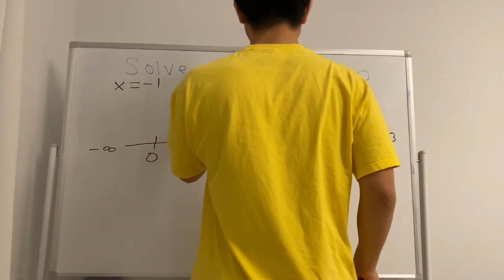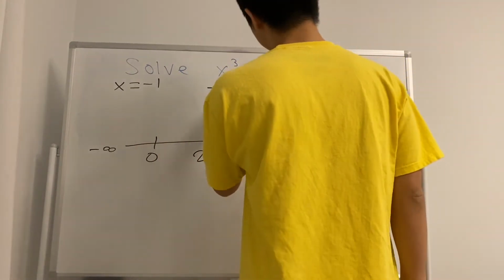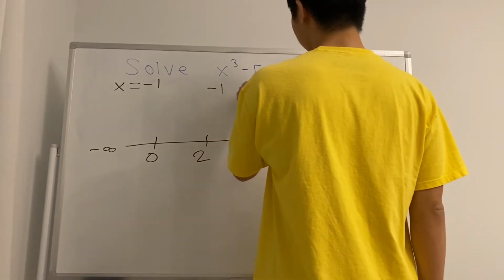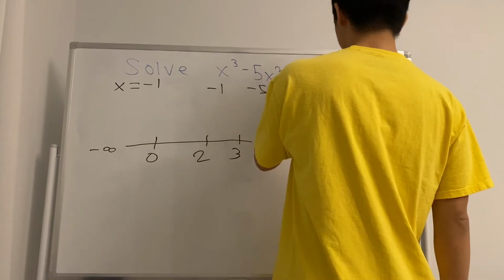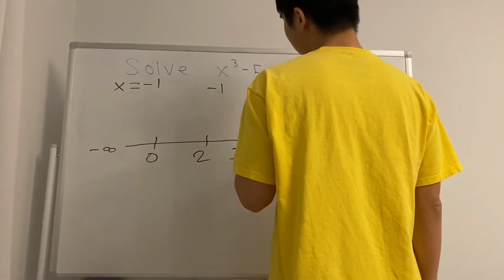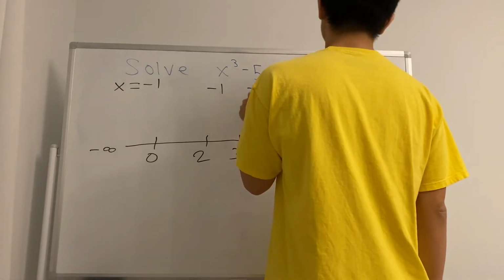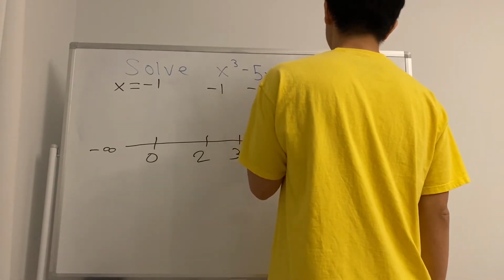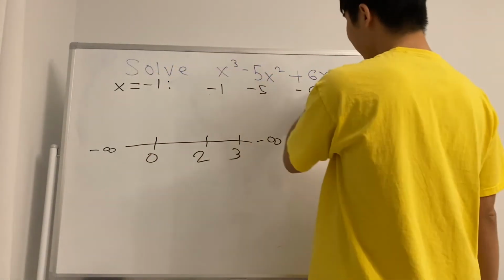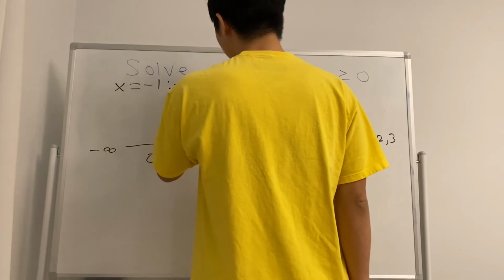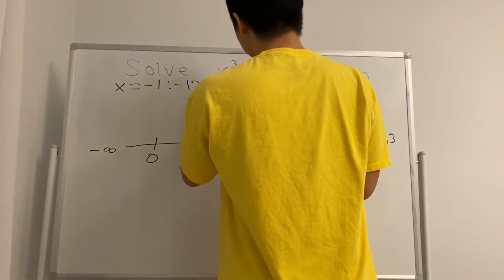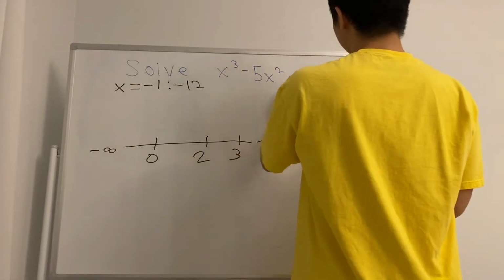Ignore this, I'm just doing this for myself. -1 to the power of 2 is 1, -5 times 1 is -5, 6 times -1 is -6. -1 plus -5 is -6, -6 plus -6 is -12. So when you plug in -1, that's equal to -12. And you don't really necessarily need to worry about the actual number. You just need to know the sign.